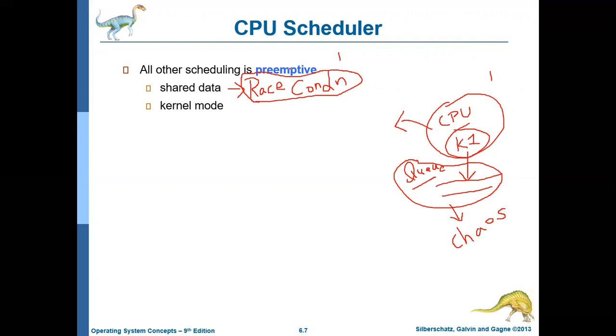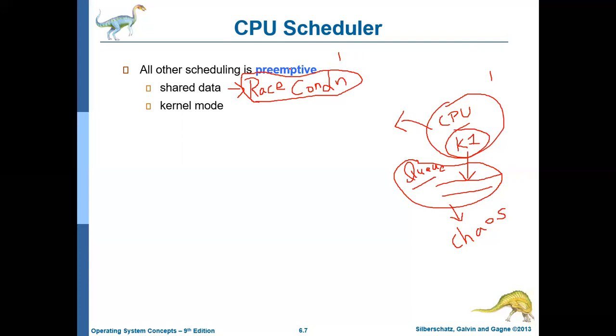So the problem is when there are two types of process, a user process and a kernel process. If the kernel process is doing some important task, and during that time the operating system preempts the CPU from that process, then it may lead to a lot of chaos.